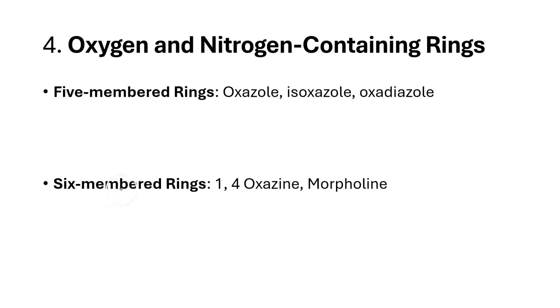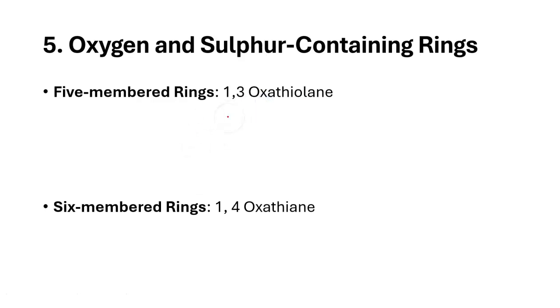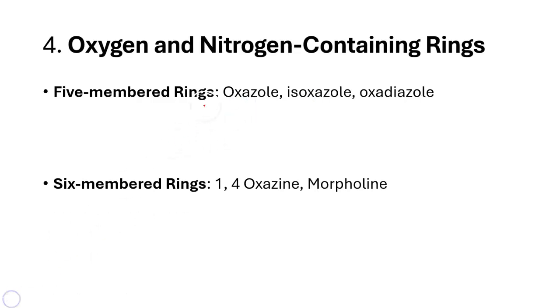Some of the examples are not in the syllabus, but they are in the classification, because the classification has been asked. Oxazole, we have already learned about oxazole. Isoxazole also we have learned. Oxadiazole: oxa refers to oxygen, and diazole means it contains 2 nitrogens.